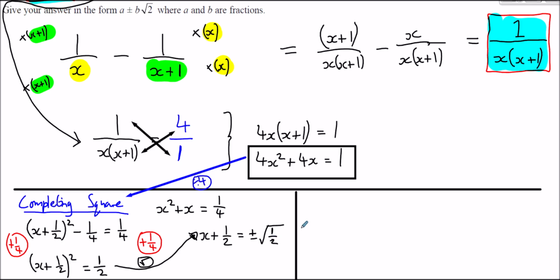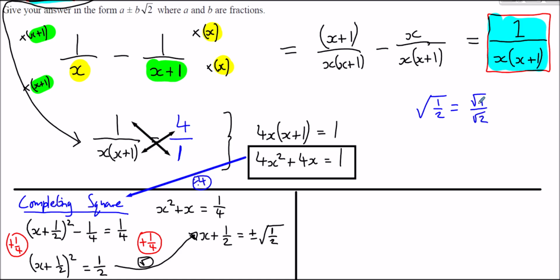Now, just bearing in mind what I want my answer to be. It says I want it in the form a plus b root 2, where a and b are fractions. So I've got this a half here, which is absolutely fine, but this plus or minus root a half. If I just consider the square root of a half for a second, that's the same as the square root of 1 divided by the square root of 2.